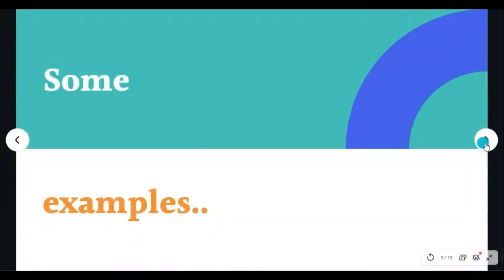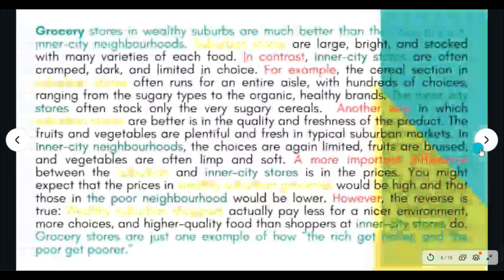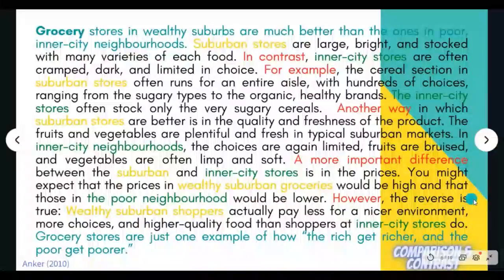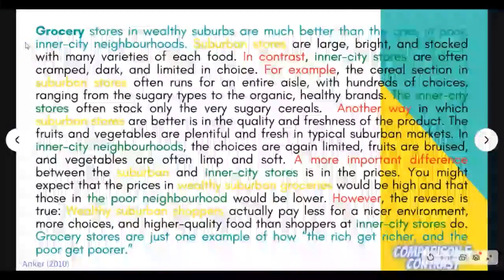And now here I will present some examples of those types. The first one is the comparison and contrast paragraph. So here is the paragraph. I mark some of the sentences with different colors to indicate different things.